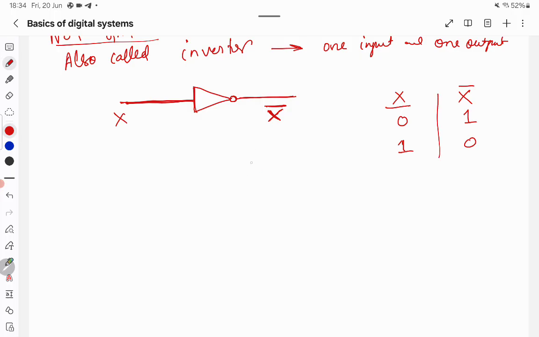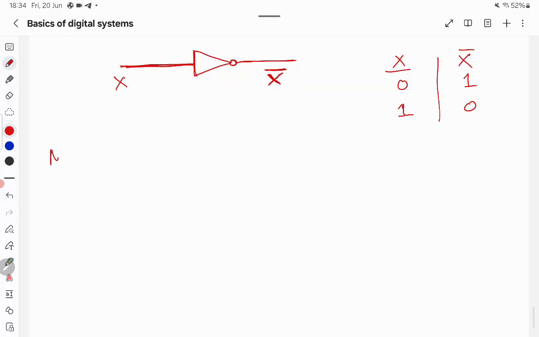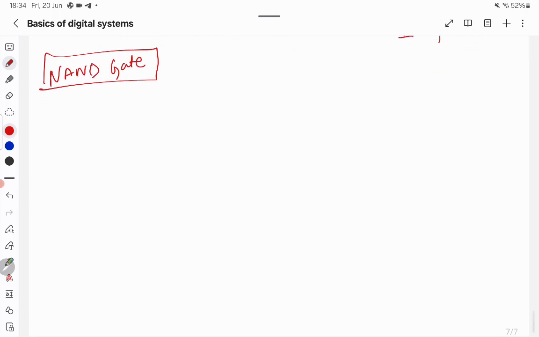Let's move to the next gate, which is the NAND gate. The NAND gate is something like an AND with a NOT in front of it. You give input X and input Y, and you get an output F. So F can be written as X and Y with a NOT on the top.